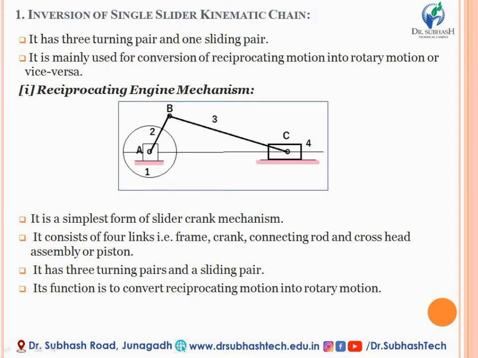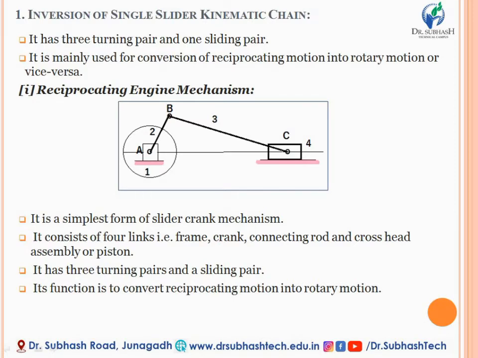Basically, it is the simplest form of a slider crank mechanism, so that by fixing any link of a slider crank mechanism you can have the reciprocating engine mechanism. One can easily see from the figure that there are 4 links. One is the frame, that is the fixed link, number 1 to 4. Second is the crank, A to B, and B to C is the connecting rod, and ultimately there is a crosshead or the piston which is located at point C.